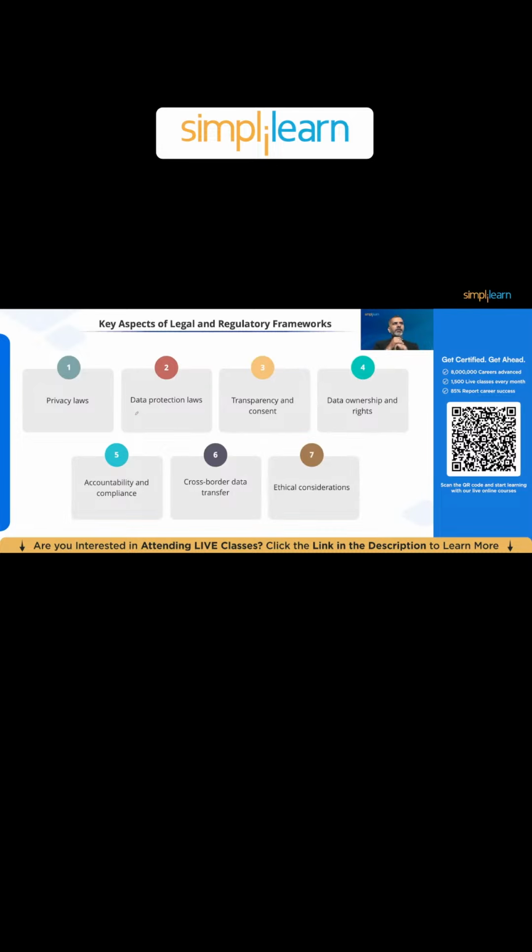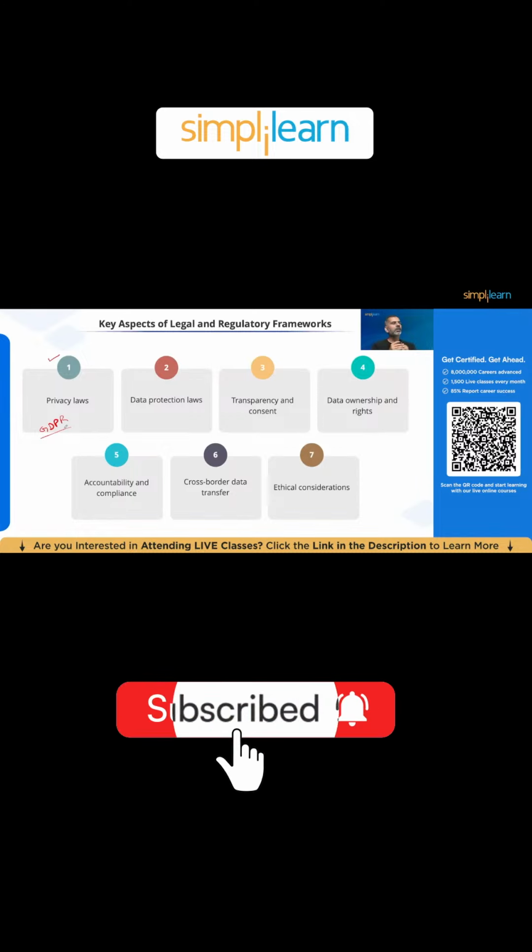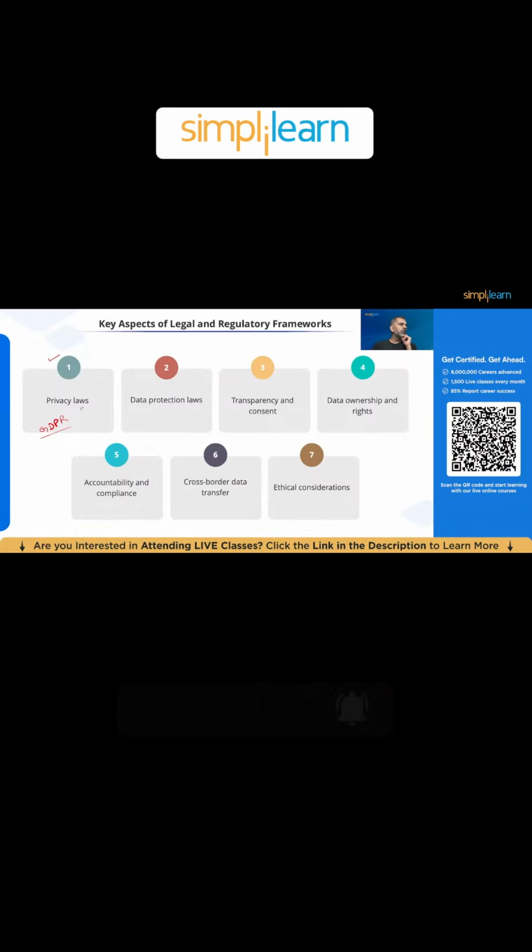The basic aspect of legal and regulatory frameworks is privacy laws. These laws are mostly related to the protection of individuals' data. The common law is what we call GDPR, the General Data Protection Regulation in Europe.